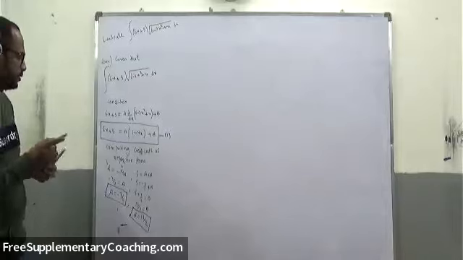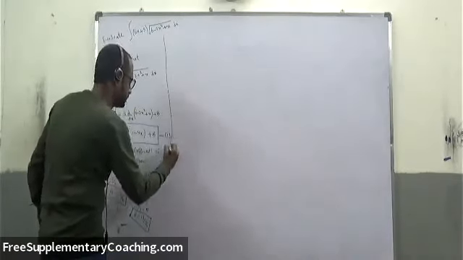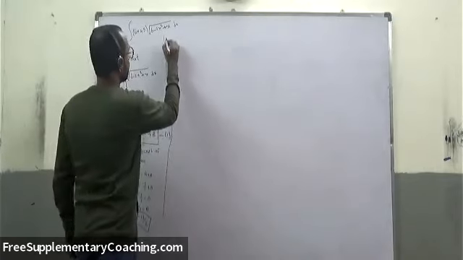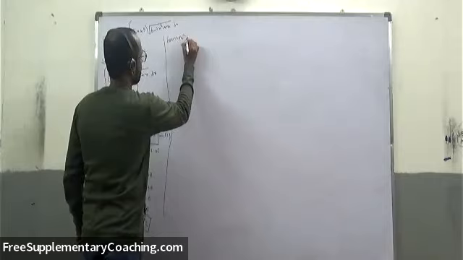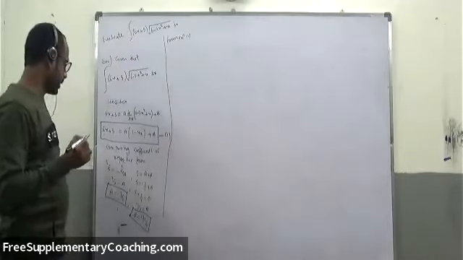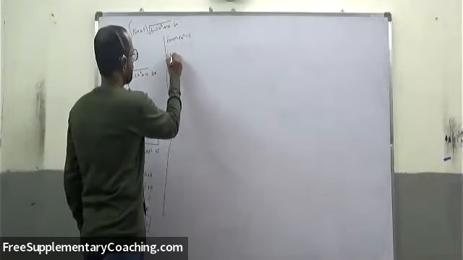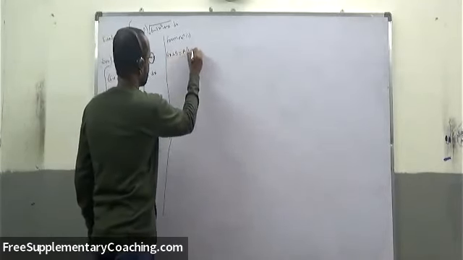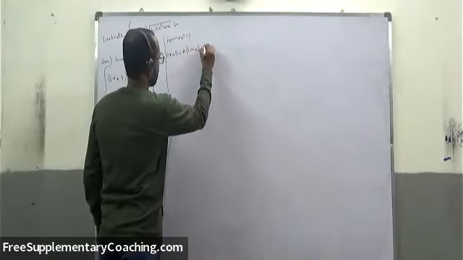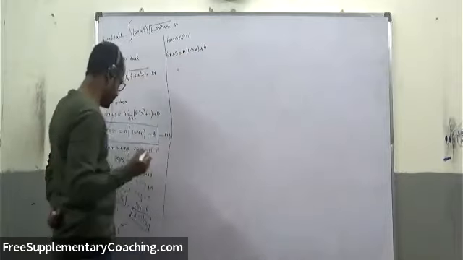Okay. So from equation 1, what is equation 1? 6x plus 5 is equal to a in the bracket 1 minus 4x plus b. So just write the a value. What is a value?